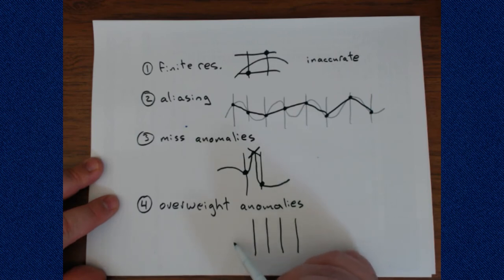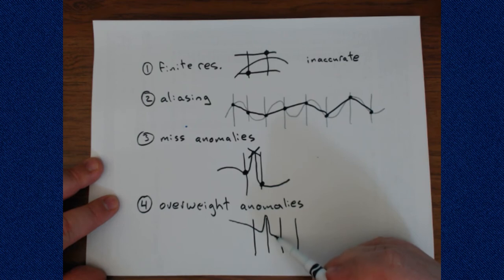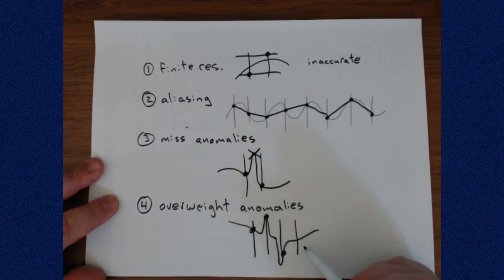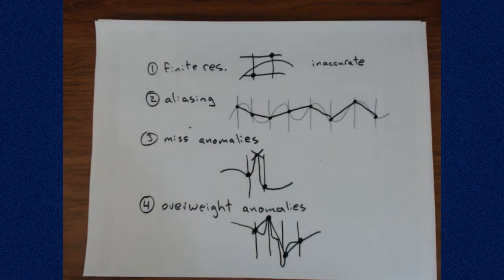So we might have a nice curve that's going down like this, and then some crazy anomaly here, another weird anomaly here that we're recovering from as we go up. And as a side effect, we read a waveform that looks like this, which is very different from the actual waveform. So those are our four biggest problems with analog to digital conversion.